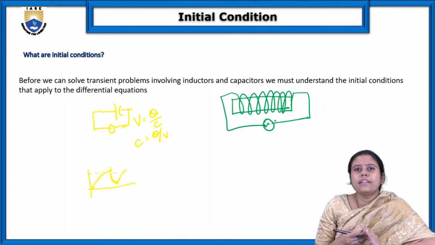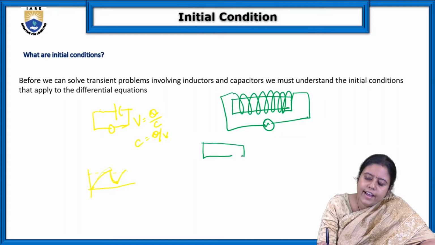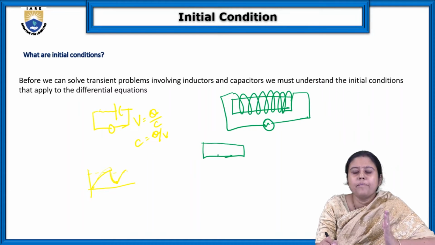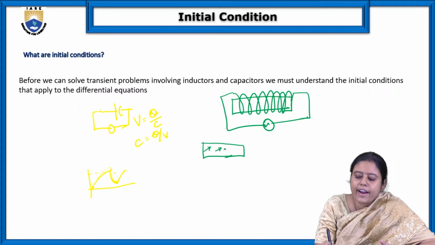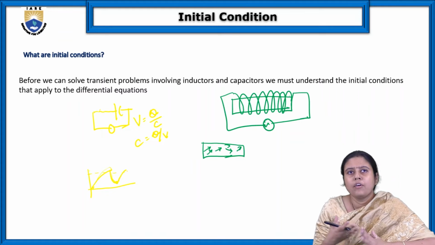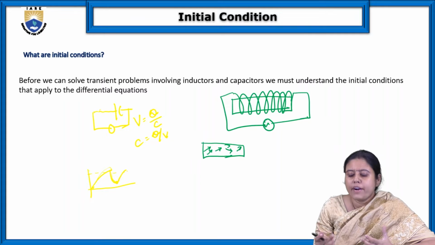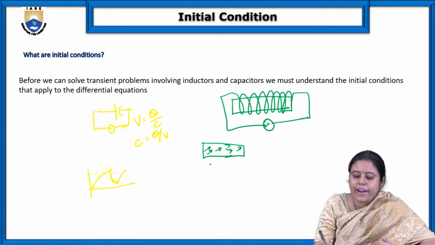There is a rate of change of current. In the iron, when it is not magnetized, all the atoms are aligned in a jumbled manner, so there is no property of magnetism.